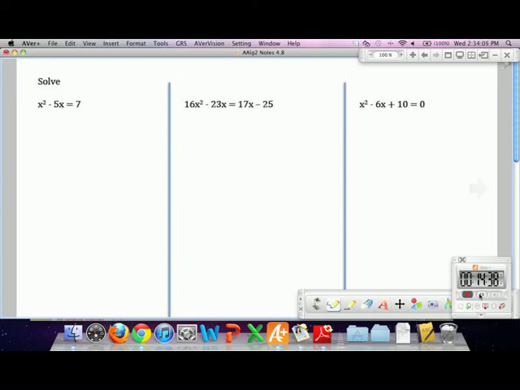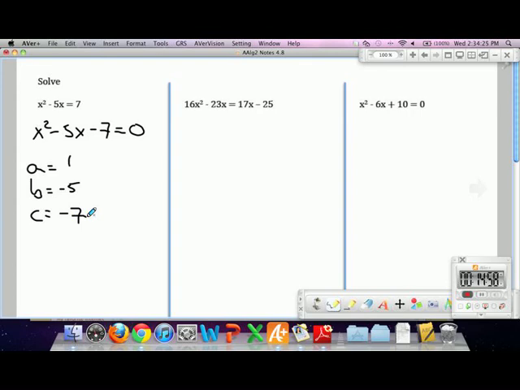Identify a, b, and c from standard form. Like a is 1, b is -5, c is -7. Then the quadratic formula: the formula's on the front, plug the numbers in, and simplify.